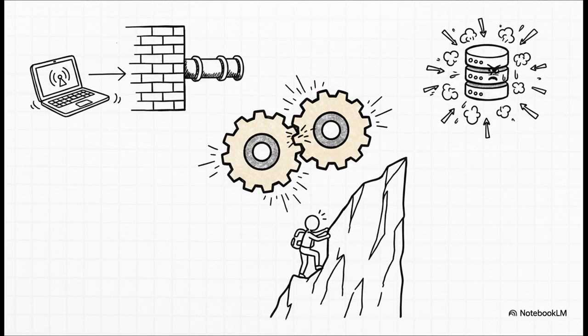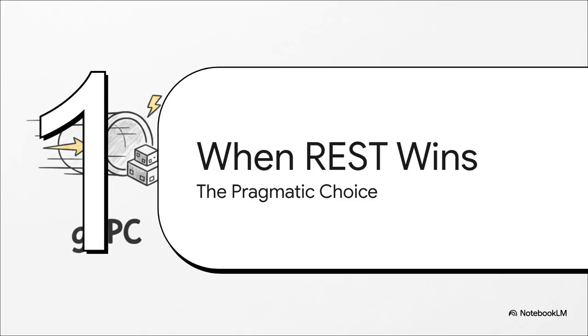For example, Istio defaults to retrying all 503 unavailable errors. This means you could inadvertently flood a struggling gRPC service with a massive retry storm if it intentionally returned a 503, which, let's be honest, is always a super fun page to get at 2 a.m. Plus, your team actually has to learn to write and manage protobuf contracts, which definitely has a steeper learning curve than simple JSON. Which brings us to our final section, when REST is actually better, the pragmatic choice.